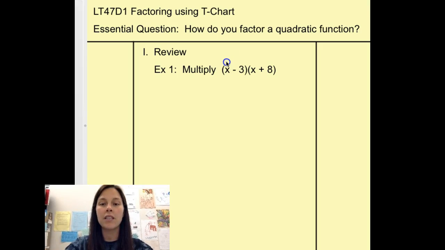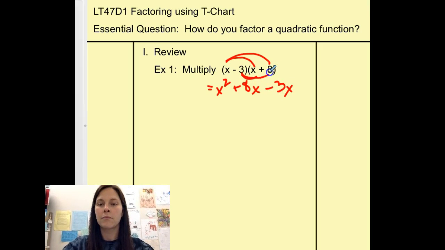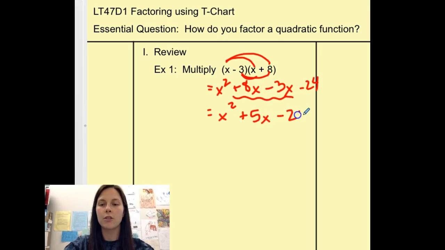When we multiply these, we do our double distributive property, so we get x squared plus 8x minus 3x minus 24. When we simplify, we combine those two like terms in the middle. 8x minus 3x gives us a total of 5x, and then we have our minus 24.